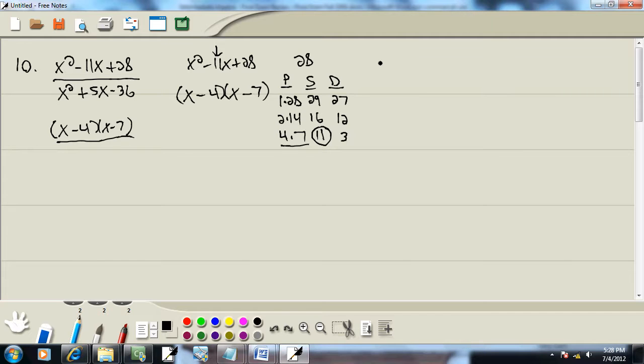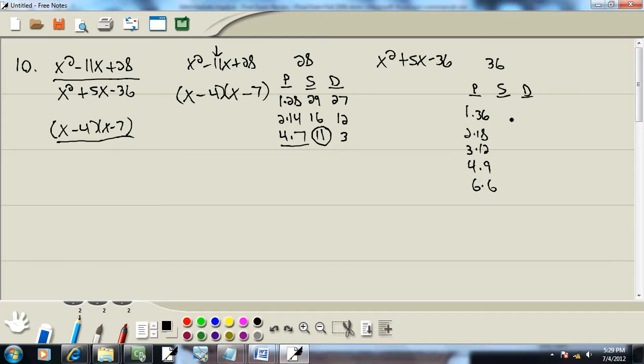Let's factor the bottom part now. We've got x squared plus 5x minus 36, and we again say PSD. We take the number at the end, ignoring the signs, so 36, and we come up with our three columns again. All the products give us 36: 1 times 36, 2 times 18, 3 times 12, 4 times 9, and 6 times 6.